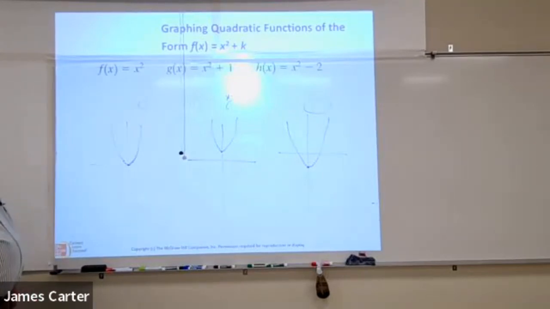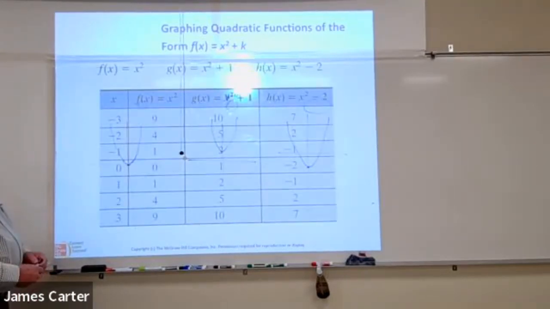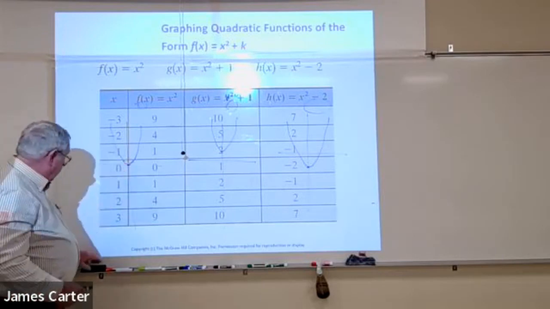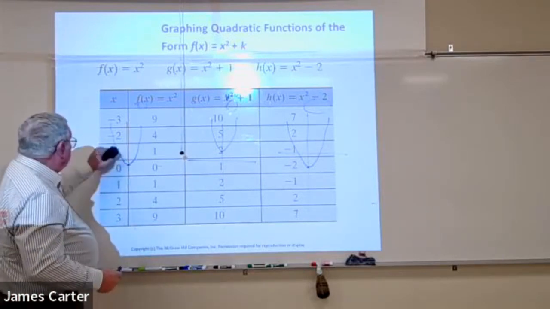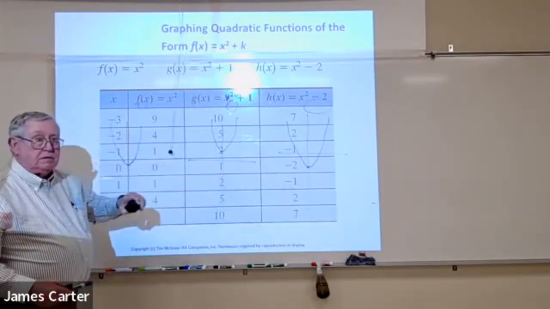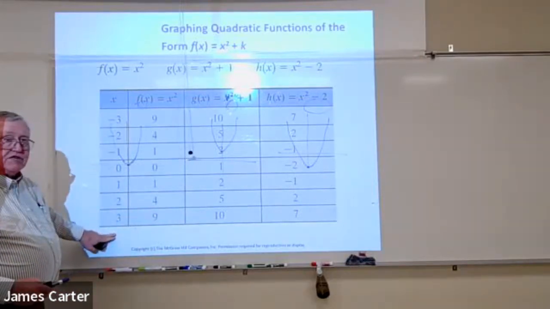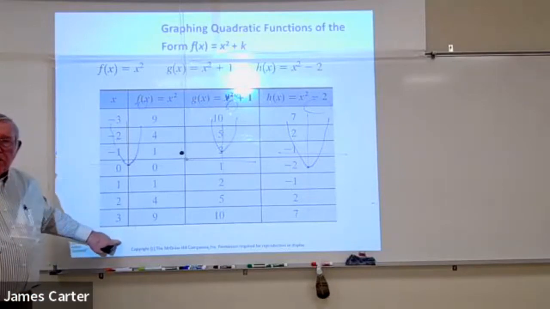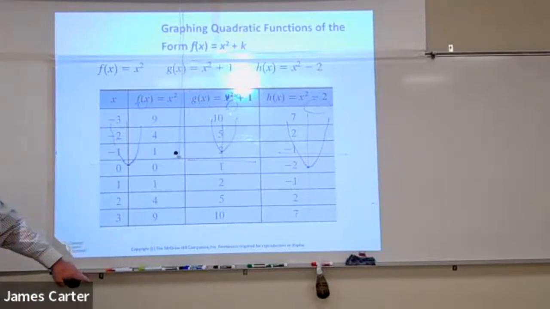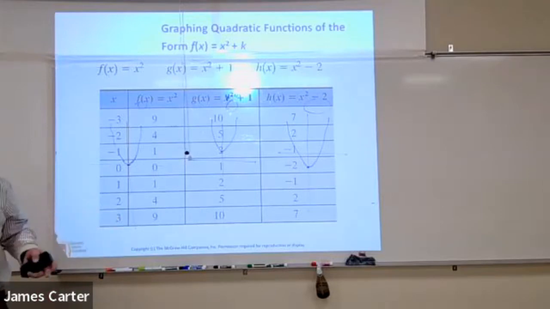Now, here's the same 3 equations. If you look at this, I'm going to leave these on here for a moment. They just arbitrarily chose these x values because x is what we call the independent variable. It can be whatever it wants to based on the domain rules for that problem.